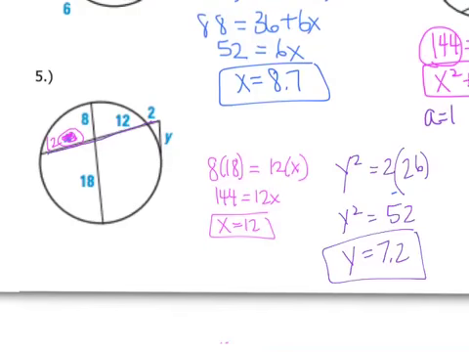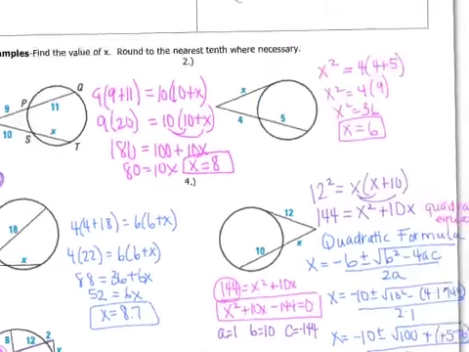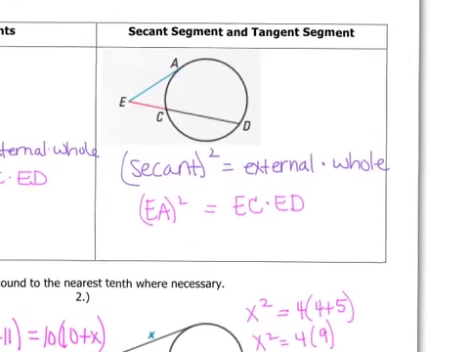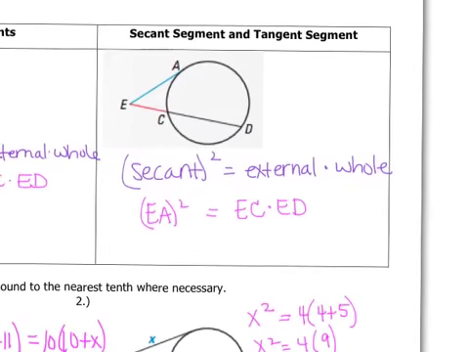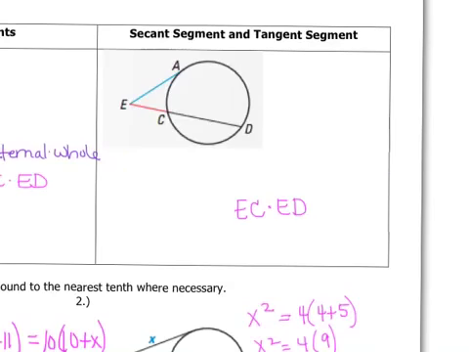And I think I just realized I made a mistake way up at the beginning. Up here, I don't know if you caught it and are wondering why I'm calling this segment the wrong thing. This should not be the secant segment. That should be the tangent segment squared. I'm so sorry.